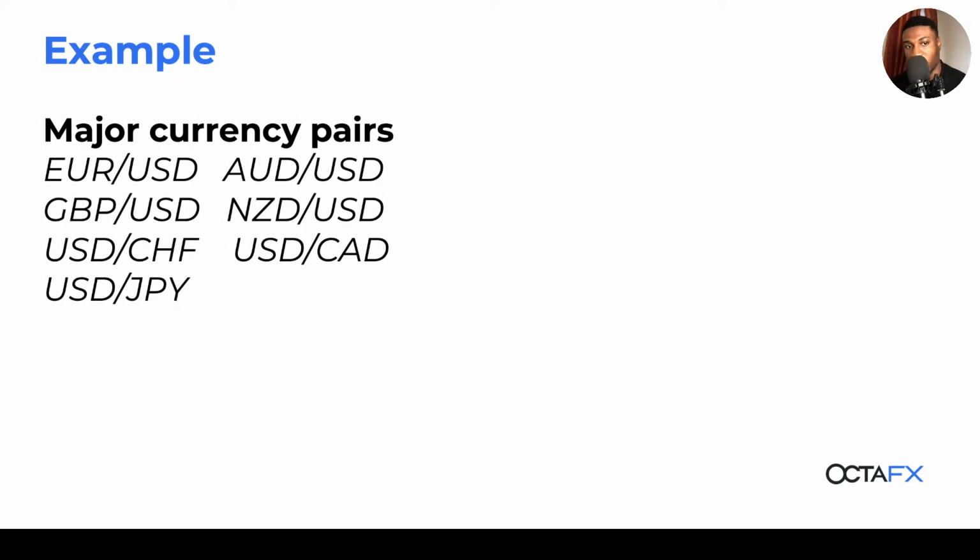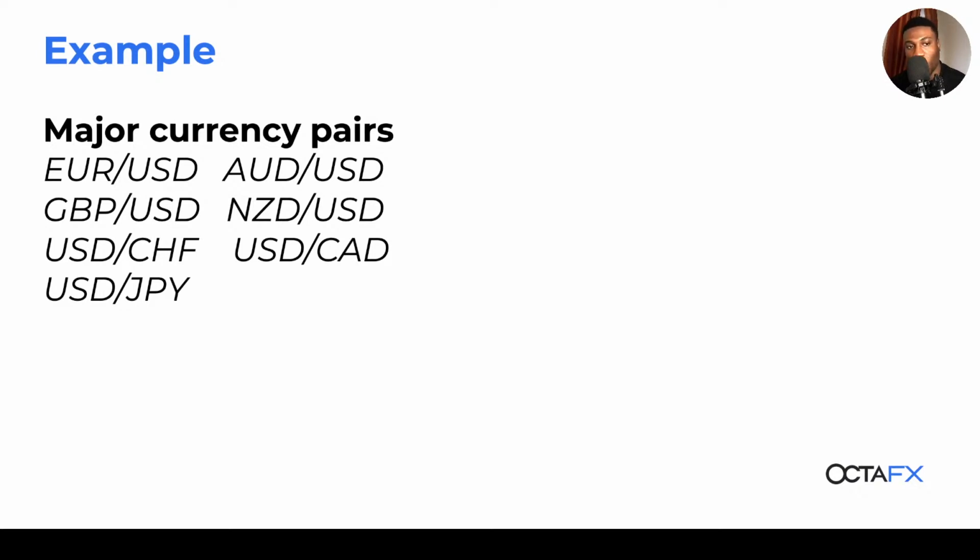And as beginner traders, it's important that you identify the major currency pairs in the foreign exchange market. So we have Euro USD, which is considered the most liquid currency pair in the world. We have GBP USD, which is the Great Britain pound against the US dollar. We have USD CHF, US dollar against the Swiss franc.